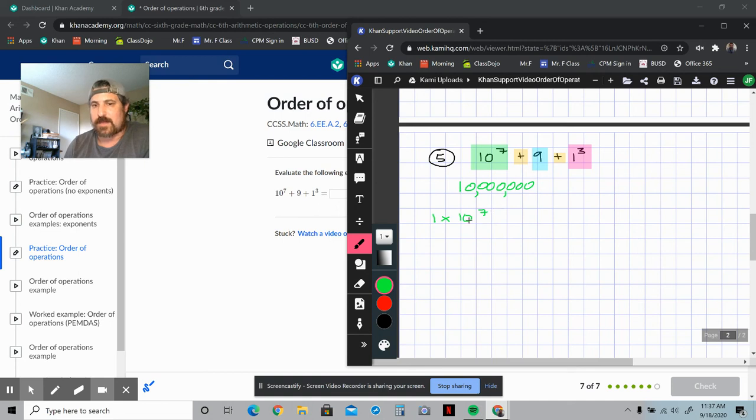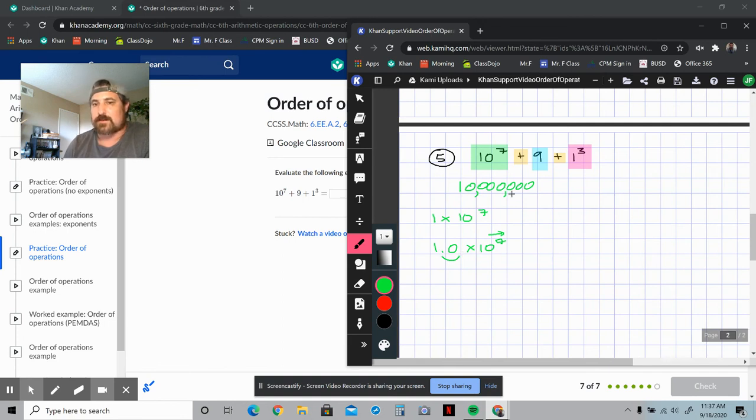And that's going to be the same as 1.0 times 10 to the 7th. When you multiply by 10 to the 7th, you're going to move the decimal place 7 places to the right. So you're going to go literally past the 0, right? And then you're going to go another 6 more times. So you're going to have this 1 with 1, 2, 3, 4, 5, 6, 7. Because you're going to move it 7 places to the right.